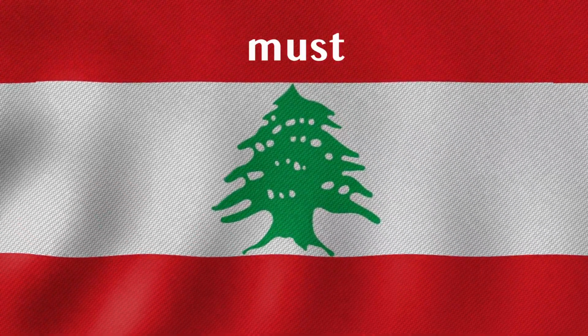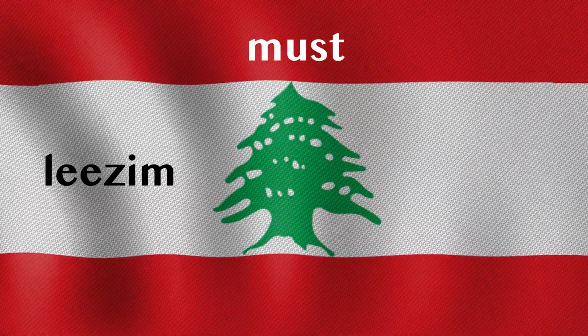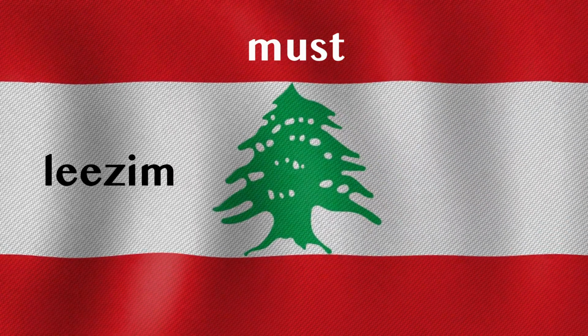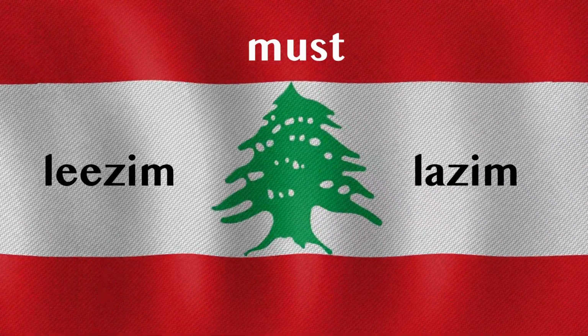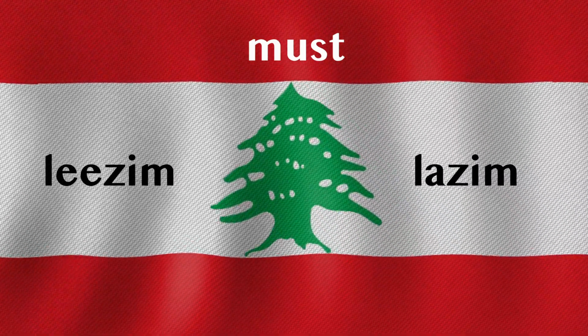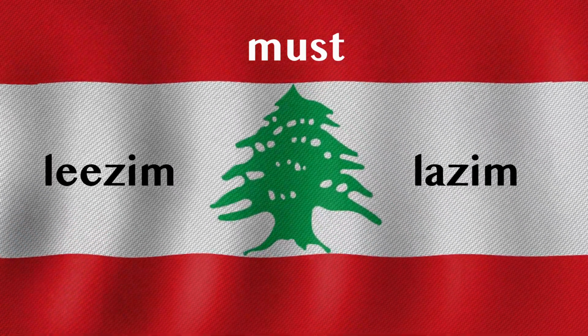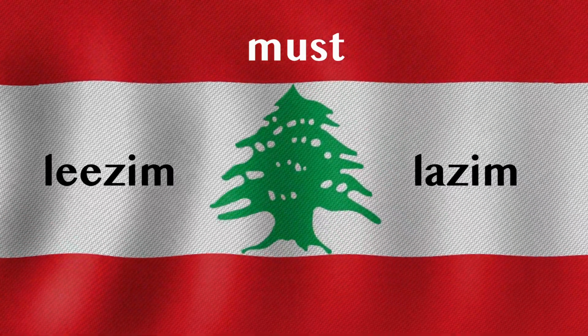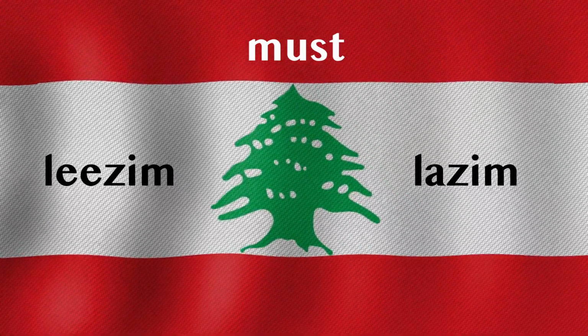The Lebanese dialect is very distinct in the use of its vowels among the other Levantine dialects. For instance, for the word must, a Lebanese person would say لازم, while someone from Palestine or Syria would say lazim. Again, the difference is lazim versus lazim.